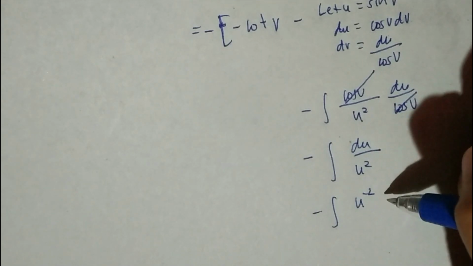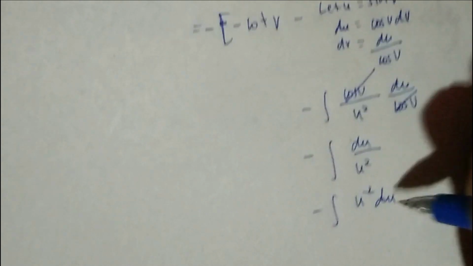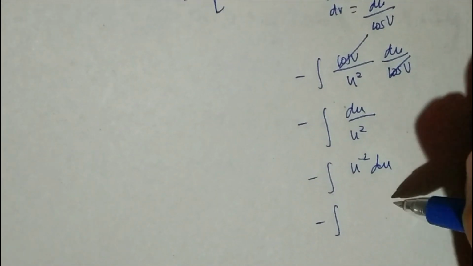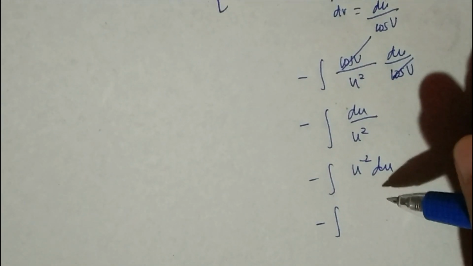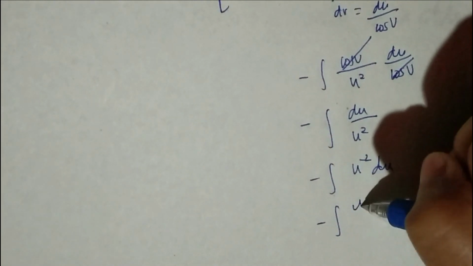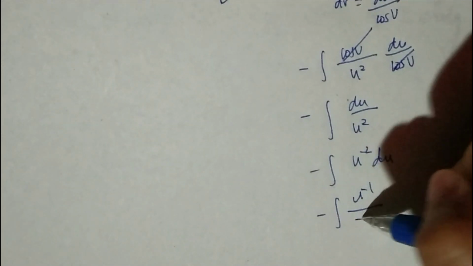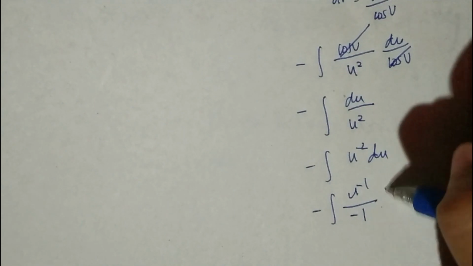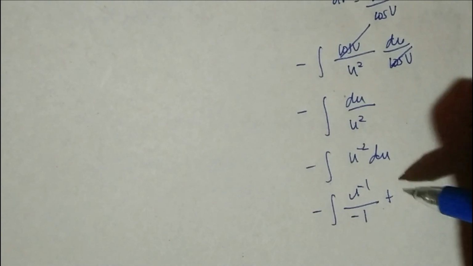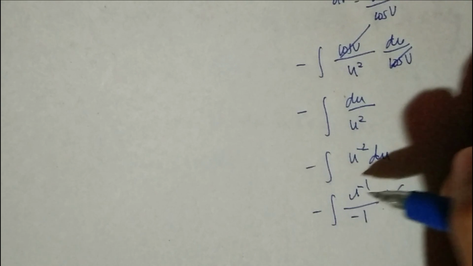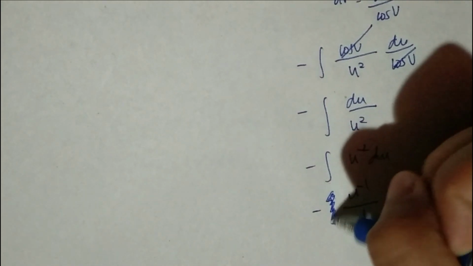That will be u raised to negative 2 du. Having the integration, we will have u raised to negative 1 over negative 1. Since we already have the integration, the constant is no longer needed actually.